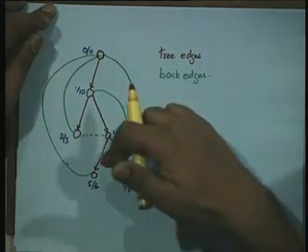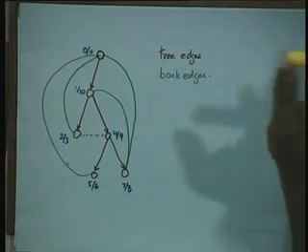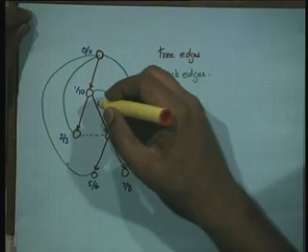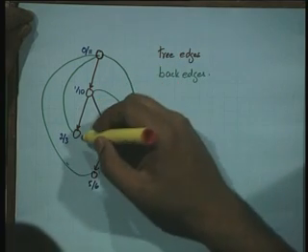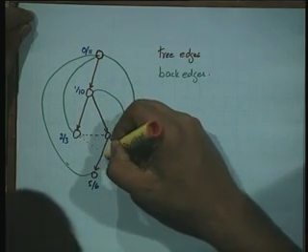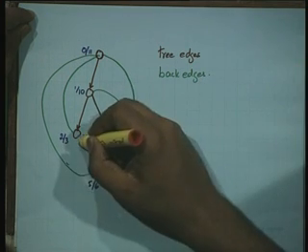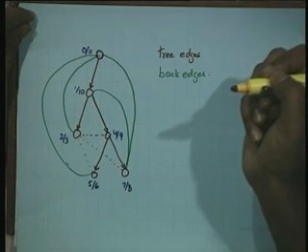So, if this edge were there, then this would not have been the picture at all, it would have been something completely different. So, this edge is not there. This edge is not there. Similarly, this edge from here to here is not there, or from here to here is not there.